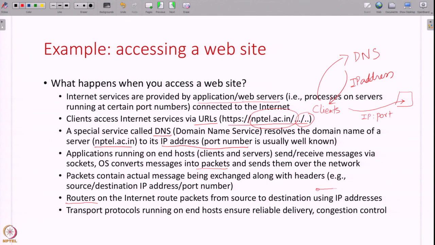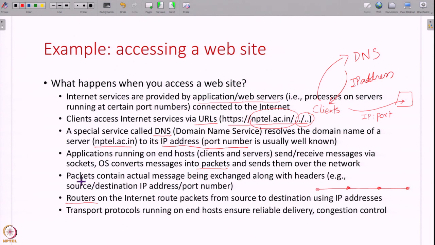So, all of these routers on the internet will look at the destination IP address. You say this packet has to go to so and so server, the IP address will be there, and all of these routers will look up that IP address and forward the packets from the source to the destination.